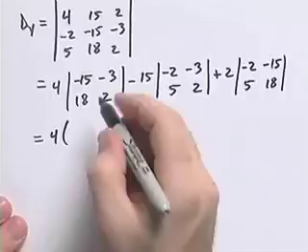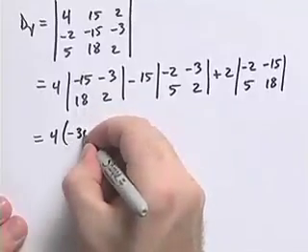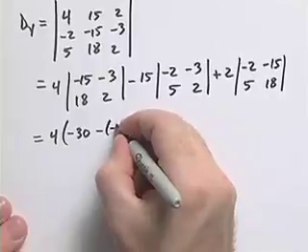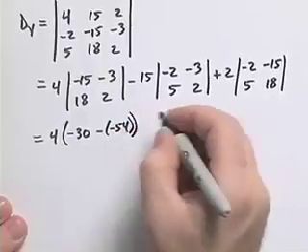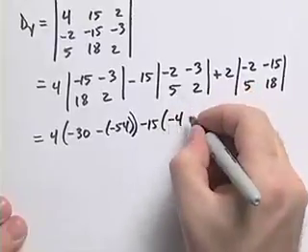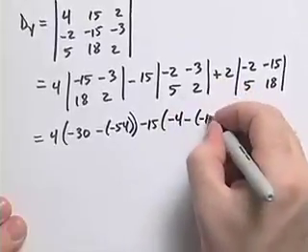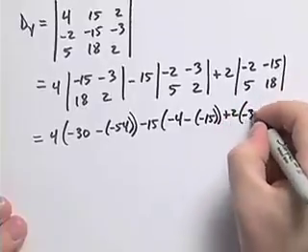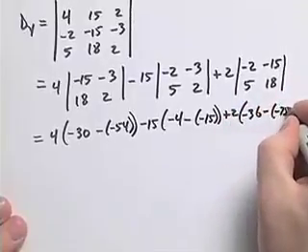We'll get 4 times negative 15 times 2 is negative 30, minus negative 3 times 18 is negative 54, minus 15 times negative 2 times 2 is negative 4, minus negative 15, plus 2 times negative 36, minus negative 75.